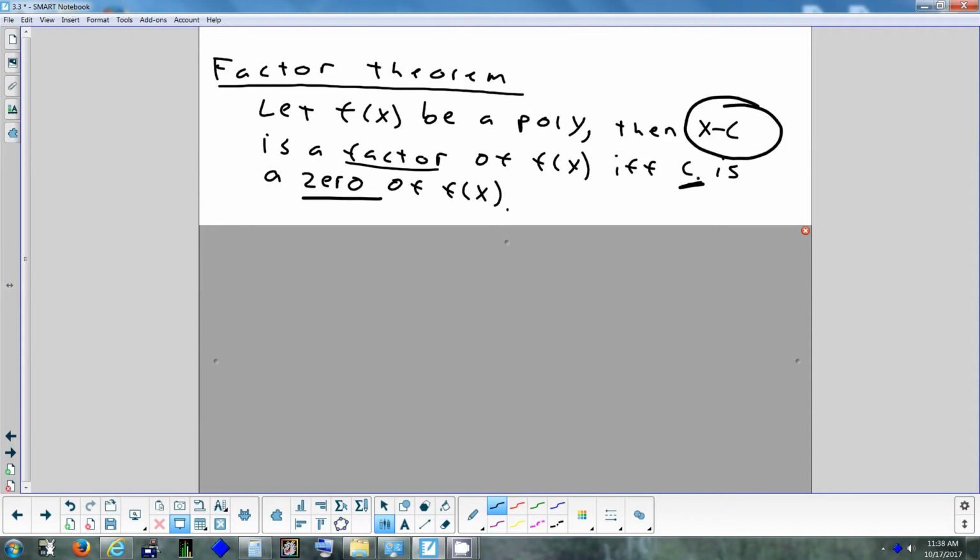So if c is a root, x minus c is a factor. What if 5 is a root? x minus 5. Okay, what if I'm thinking of a polynomial in my head where 2 is a root? x minus 2 would have to be one of its factors. Okay?